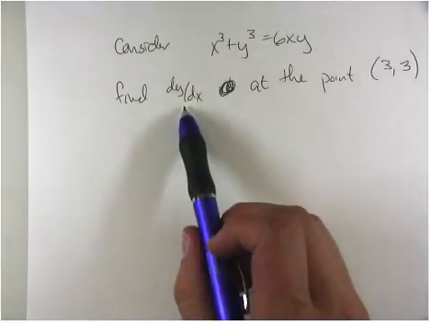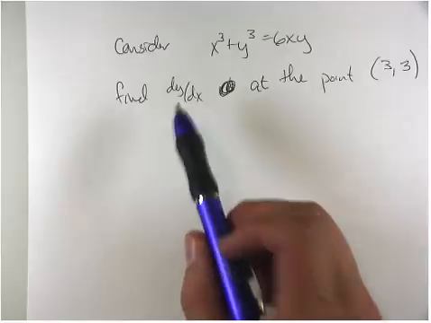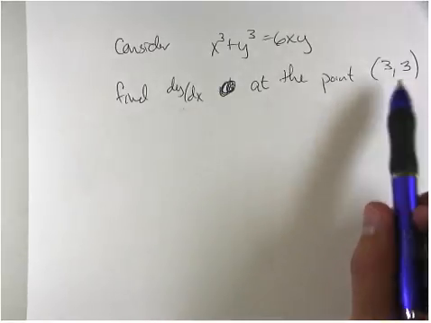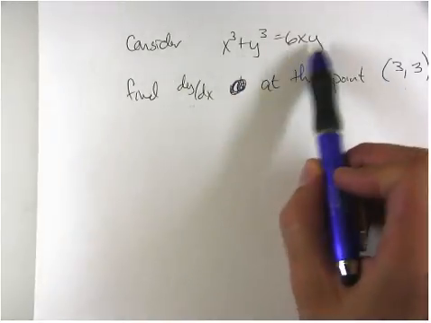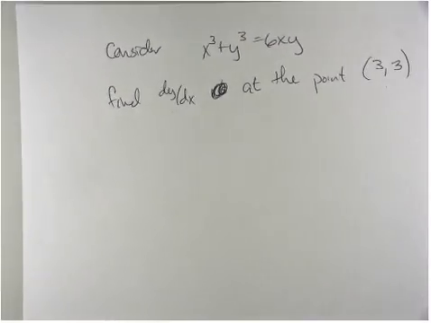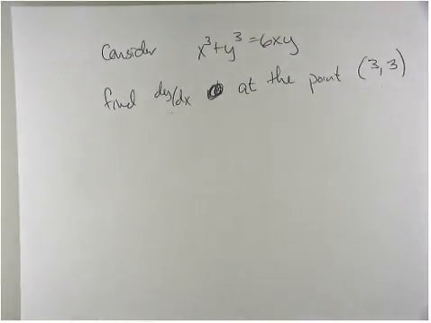So I'm looking for the slope of this curve at a specific value, 3, 3. Notice that if I plug 3 in for x's and y's, this will be a true statement. So 3, 3 is definitely on the curve. It is one of many values that are on the curve.